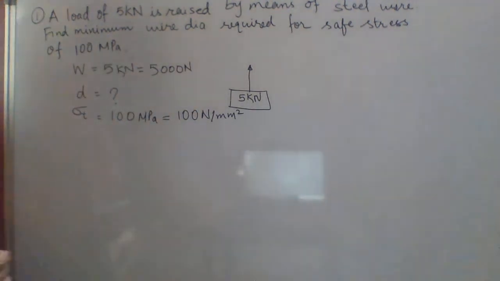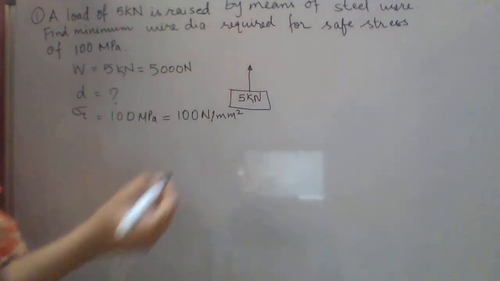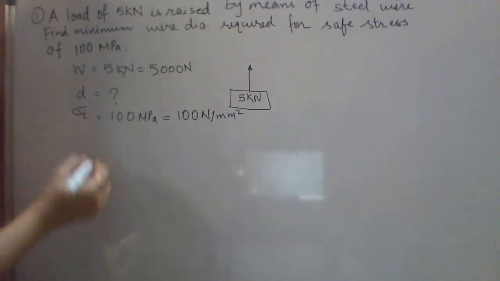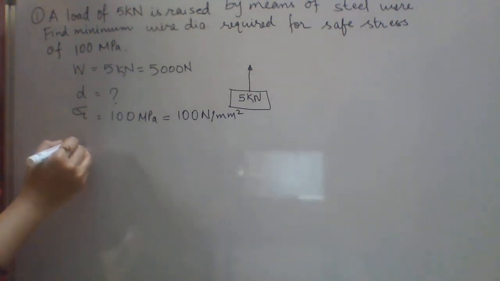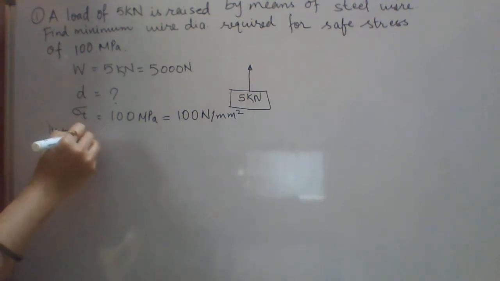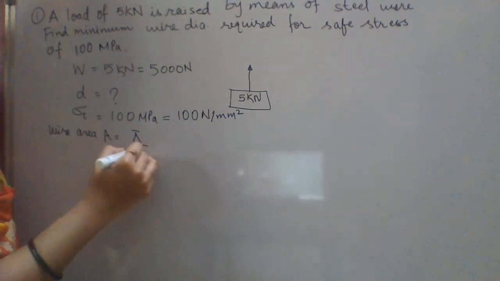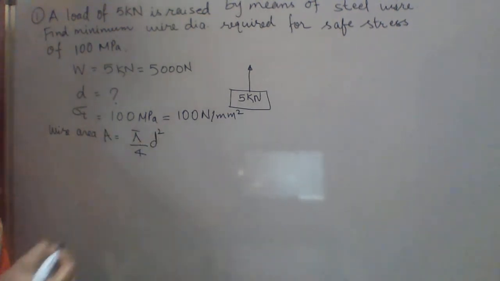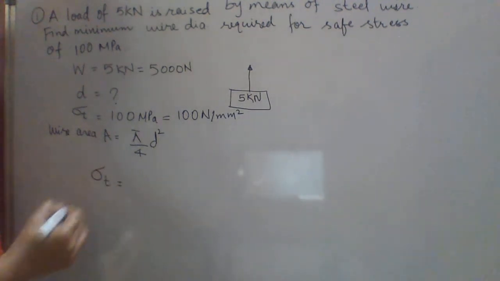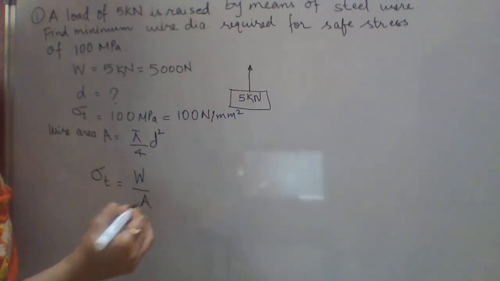So we know the stress induced. Now let this wire diameter be asked. So its area, the cross section area of the wire, I will write as wire area. A is pi by 4 d square. So the stress induced, we know, is always load upon area.